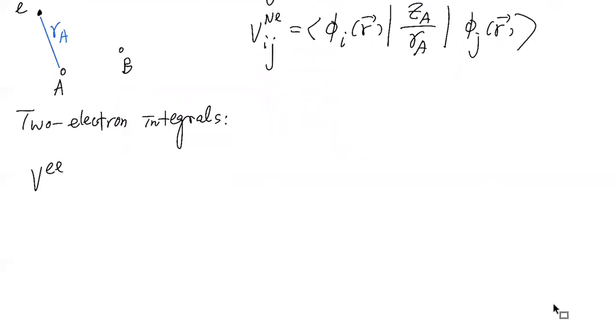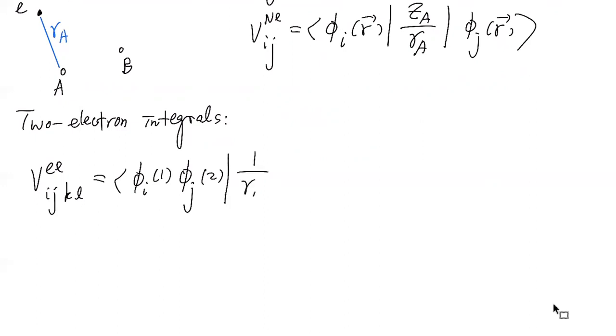Actually, you can have 4 indices. In general, this kind of integral gives you 4 indices: phi_i(1), phi_j(2), 1 over R12, phi_k(1), phi_l(2).